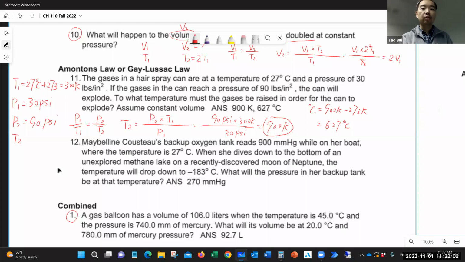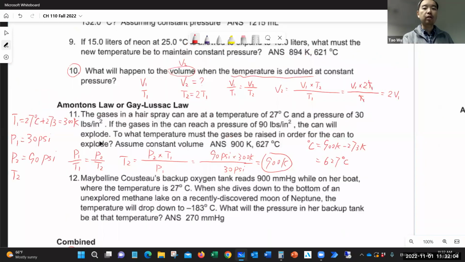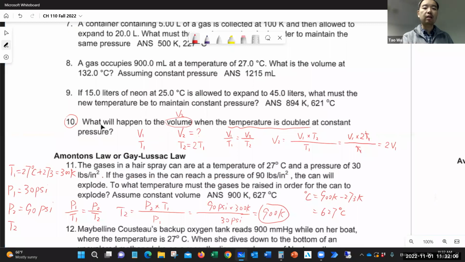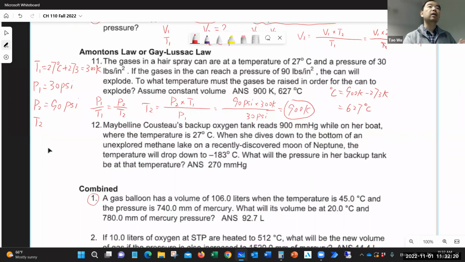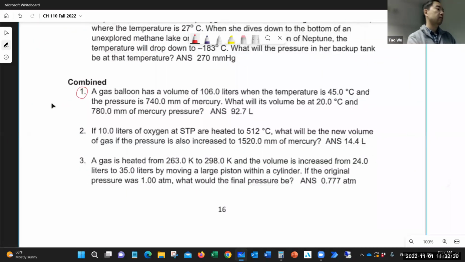If they only give you the volume and the temperature, you can only use the equation containing the volume and the temperature. So if you list the parameters out, it's pretty straightforward, showing you what kind of equation you're going to use. That makes sense, right? Okay, so let's look at this.